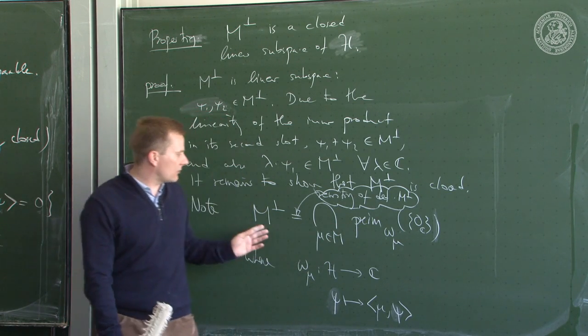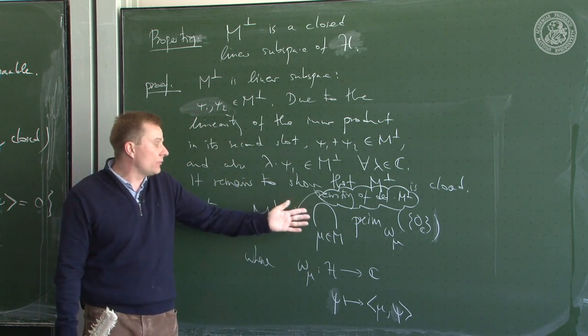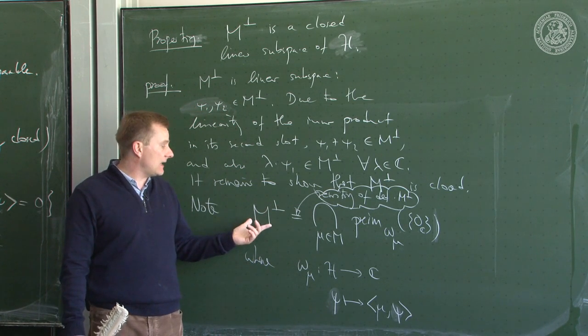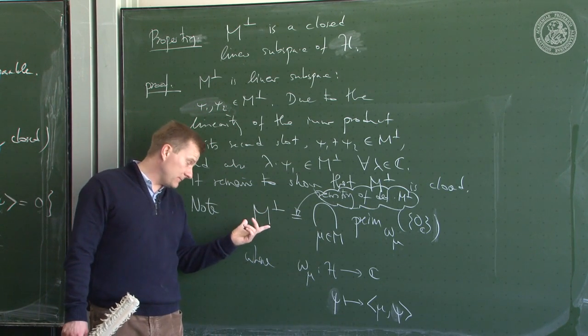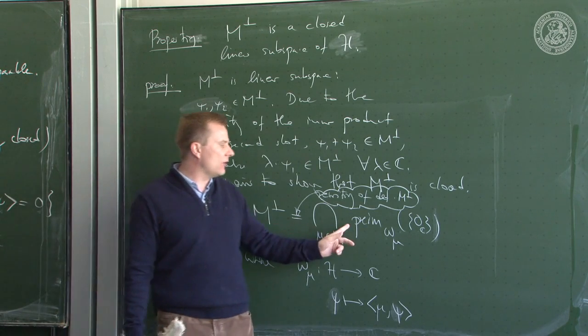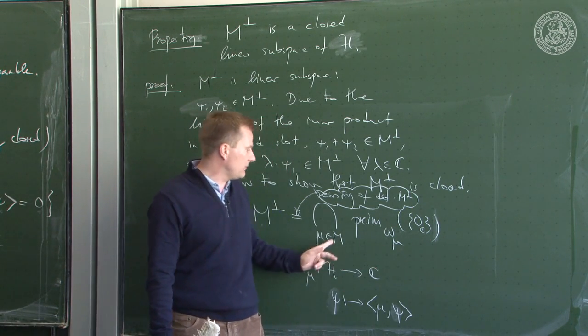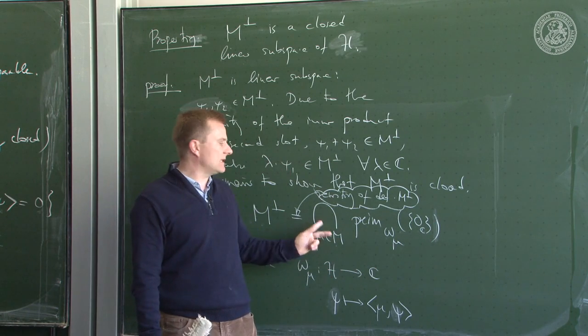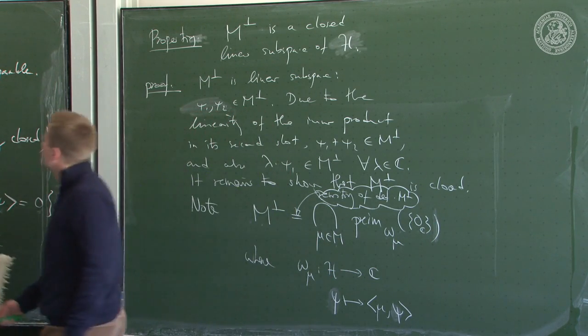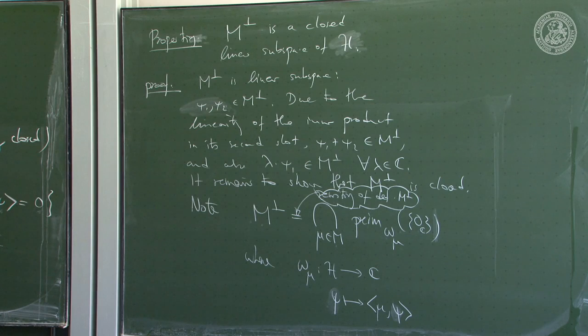Okay, so we would already be there if we only knew that this is closed for every mu in M, because then an arbitrary intersection of closed sets is closed. Okay, so this is why it's clever to rewrite it like this.